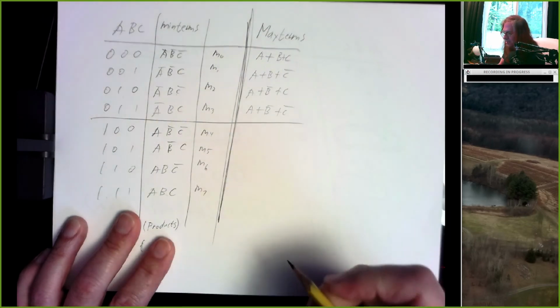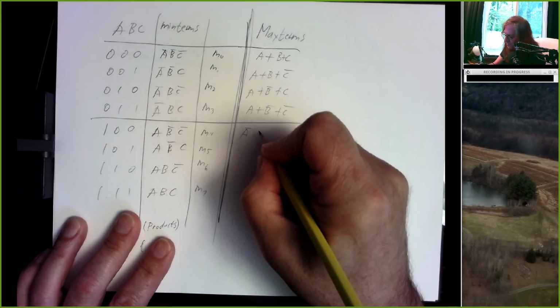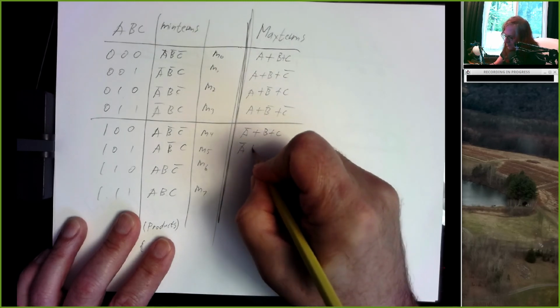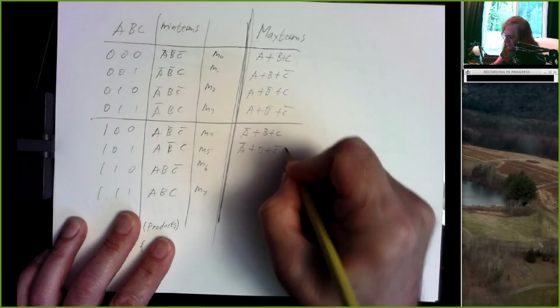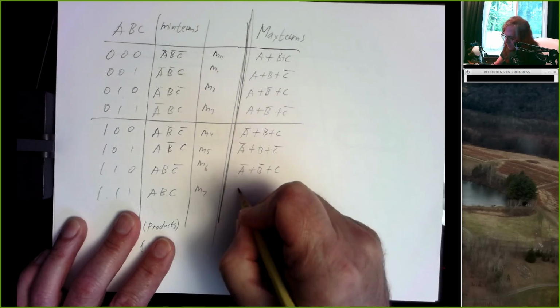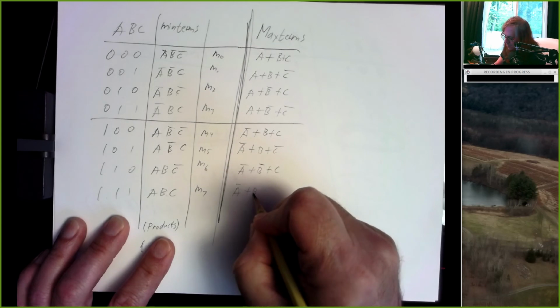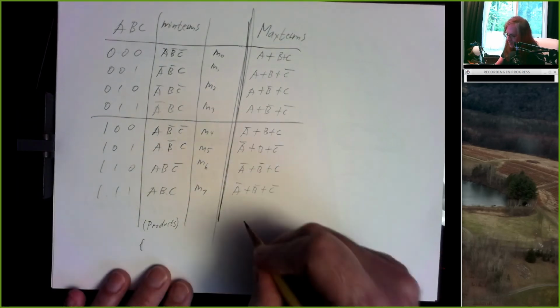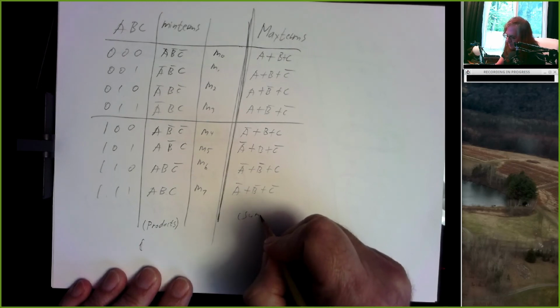And so we get another cheat table, which looks like this. And these are called the max terms. And these are sums.